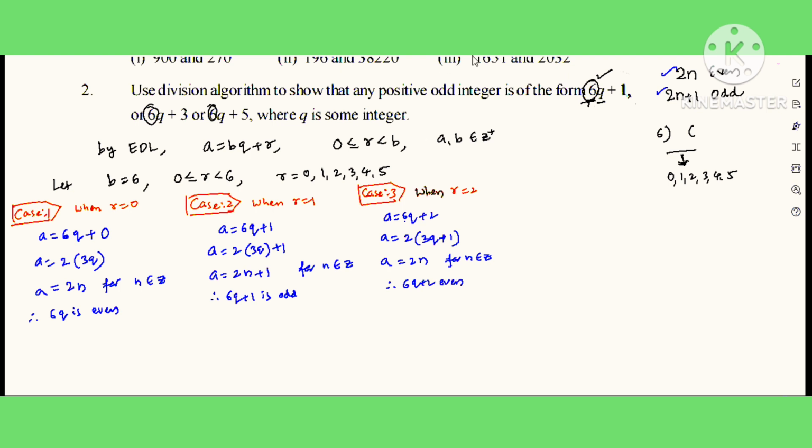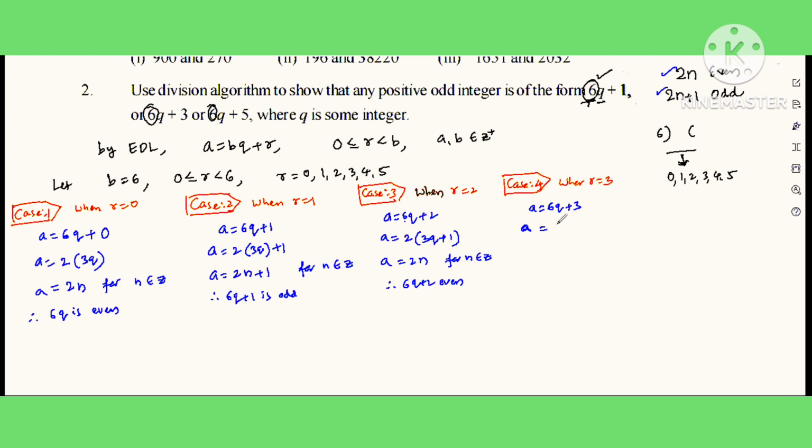And case 4. When we take r equal to 3, we get a equal to 6q plus 3. Here we don't get 2 as common, because 3 is there.